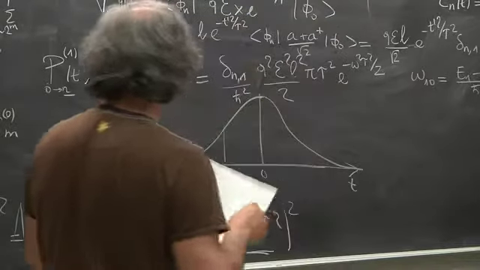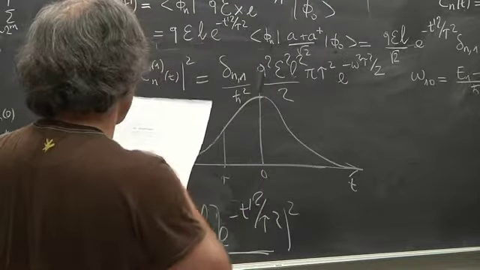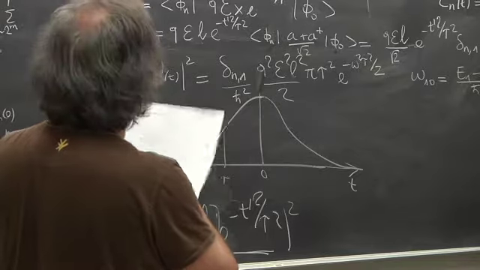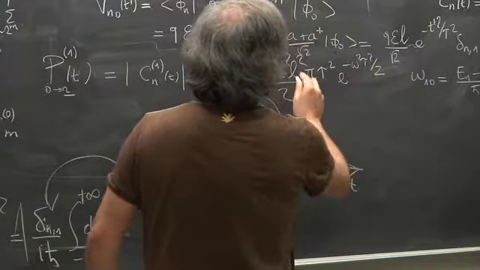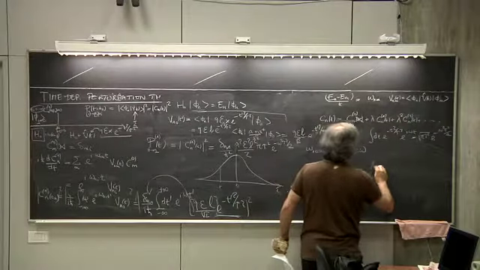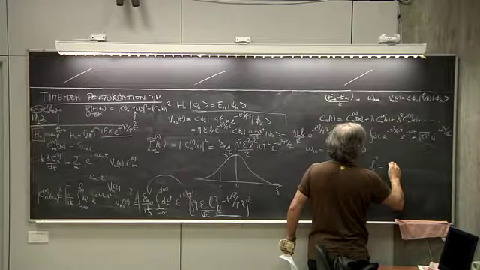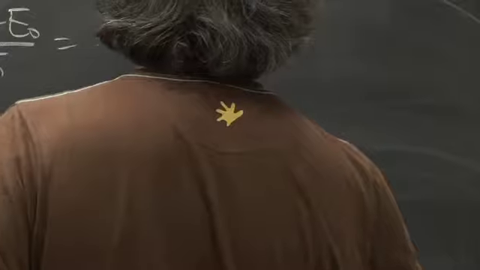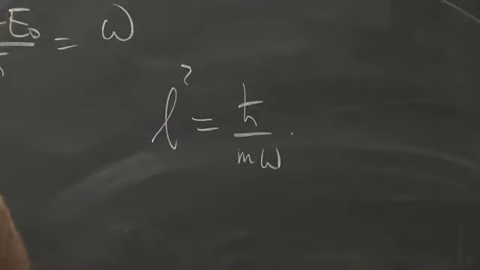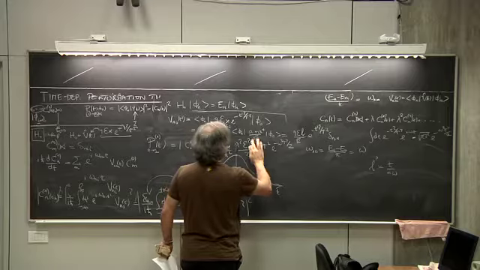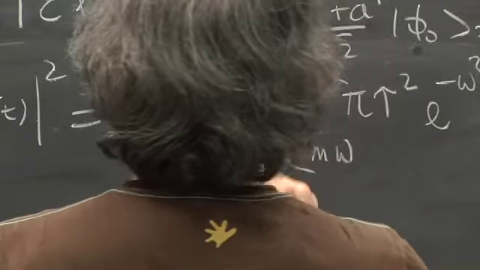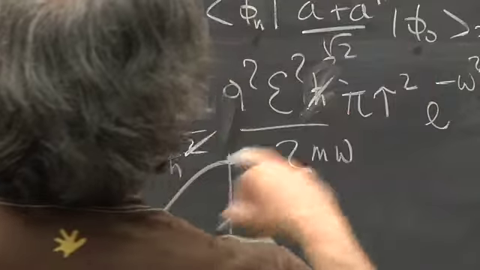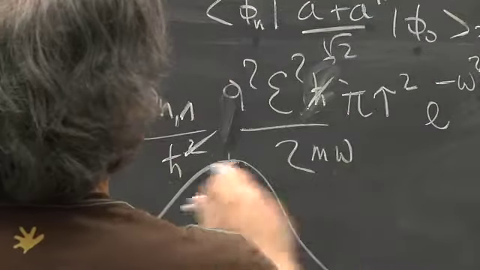Wait a second. I missed something with respect to the formula. Oh no. Okay, L square has an omega in it. Okay, remind me. L square is equal to h bar over m omega, right? Okay, so once I divide by, so this is h bar over m omega, and one of the h bar goes, and the other gives me h bar omega.